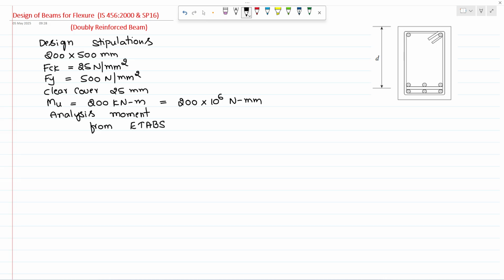So I will be using longitudinal bars of 16 mm dia, and stirrup diameter 8 mm.